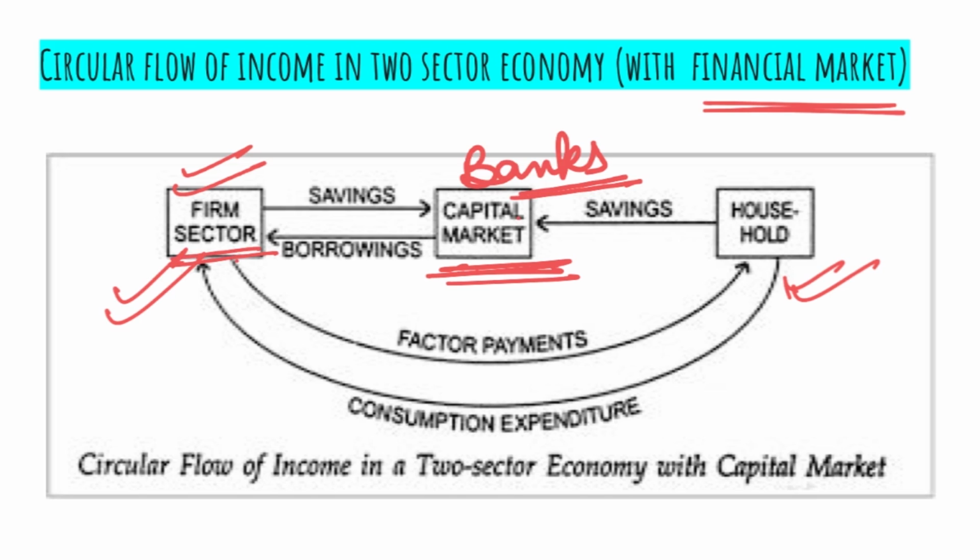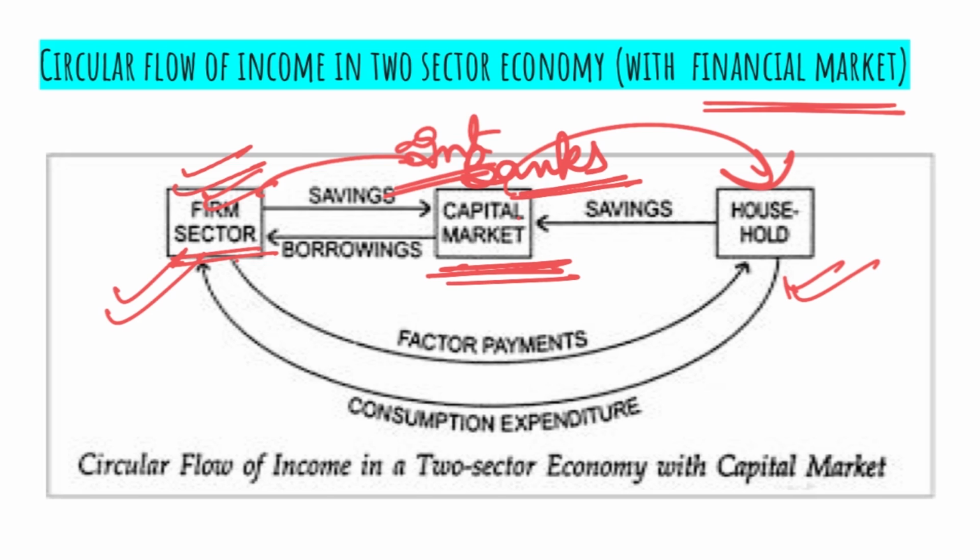The banks get interest on the loans which they have given to the factories. Now this is the flow, that the interest flows from the firm sector to the banks. Also, some part of the interest which the bank has earned is given to the households, for the money which they have deposited with the banks.